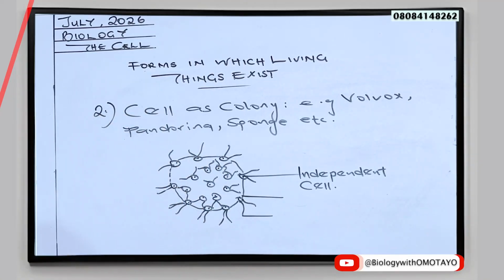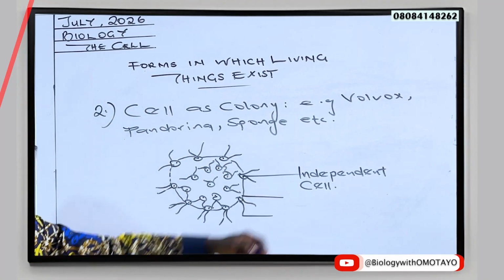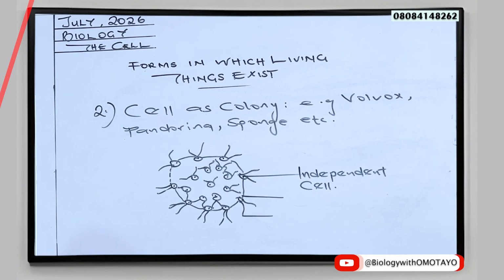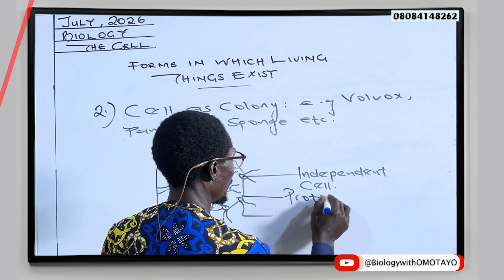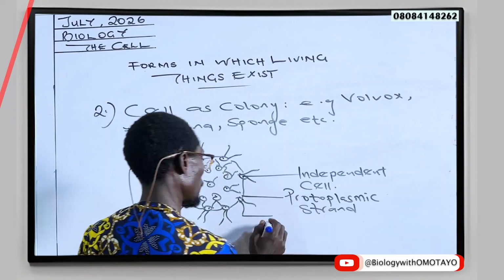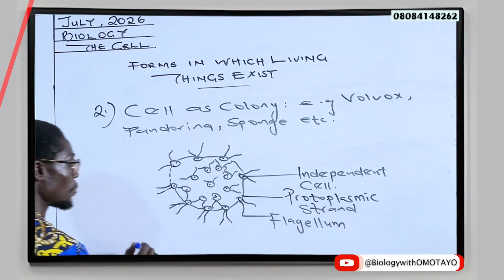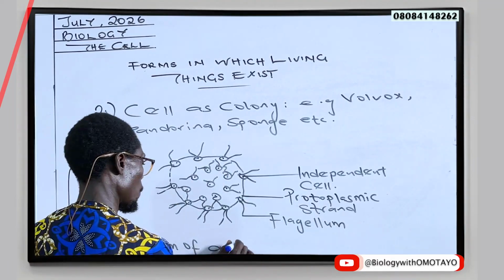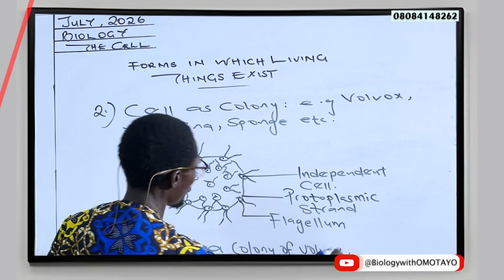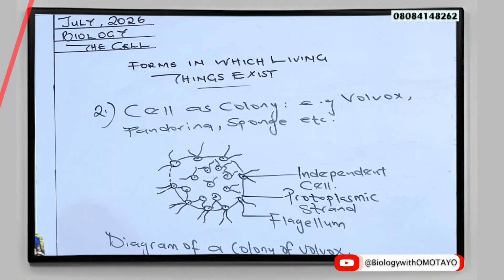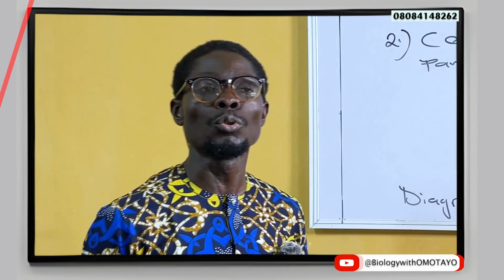You can see the independent cells here, and then we have the protoplasmic strand. So this is a diagram of a colony of volvox. From here, we'll be moving on to the next, which is cells existing as filaments.